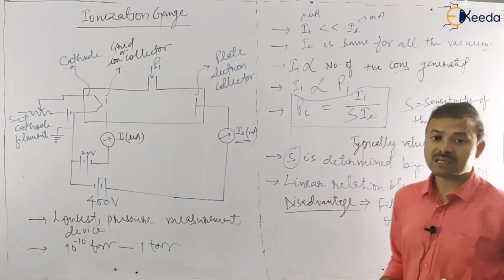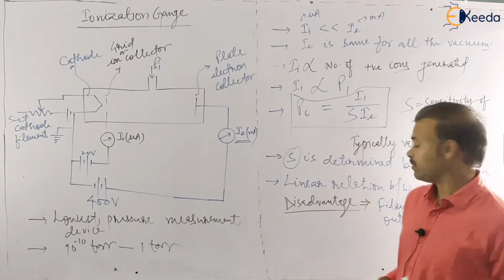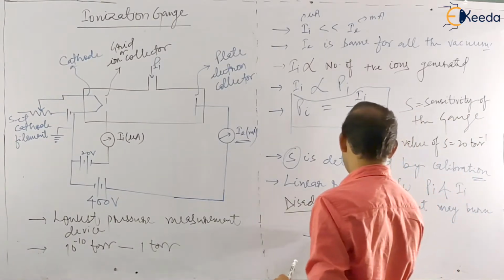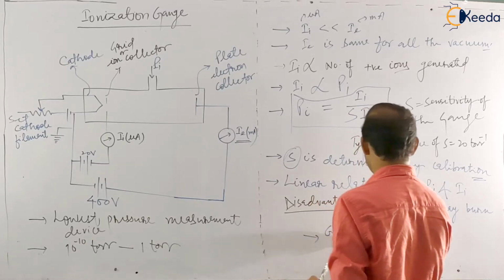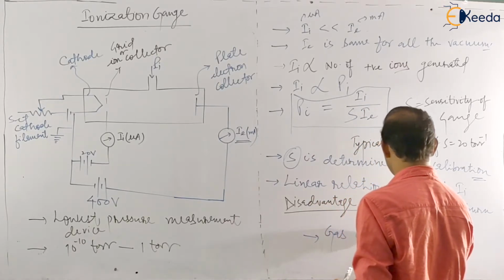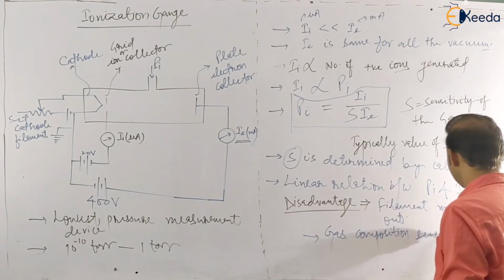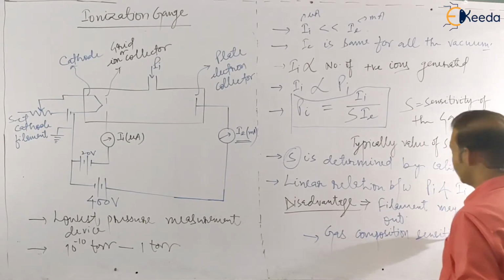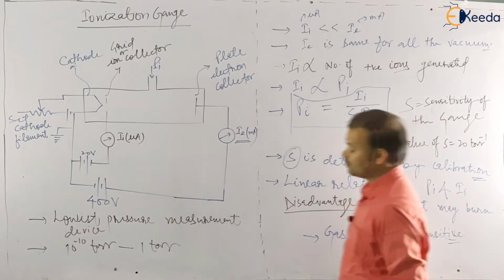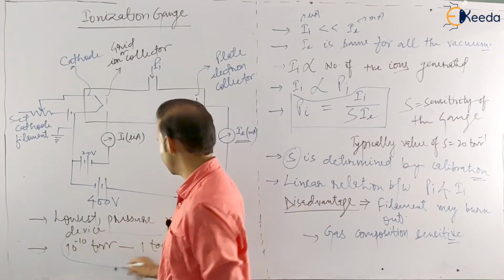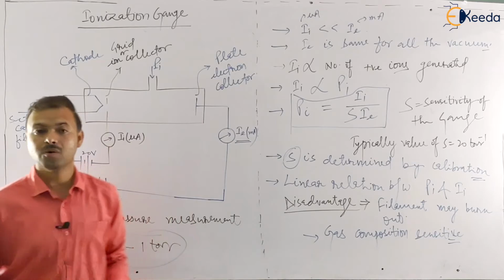So this device is gas composition sensitive, and the range is 10 to the power minus 10 torr to 1 torr.